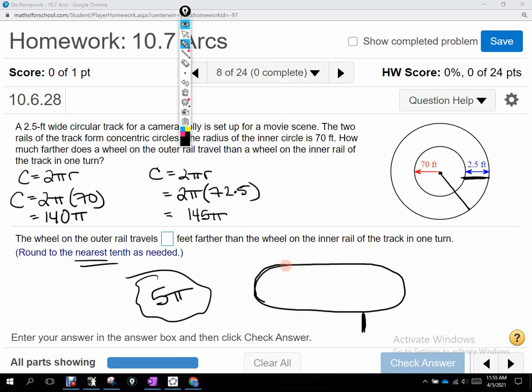If you were ever to run 1 mile on this inner track, lane 1, and then go to lane 7, if you stay in lane 7 the whole way around, it only takes you about 3 laps to get your mile compared to the 4 laps that you need on the inner lane. Does that make sense? And it's all because of that radius being longer. It's kind of like you're the outer wheel on this problem versus being the inner wheel. Okay, you have a longer distance to travel.